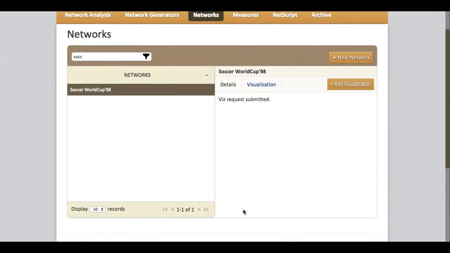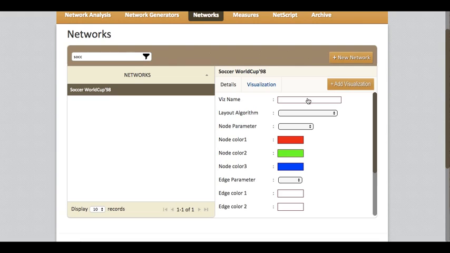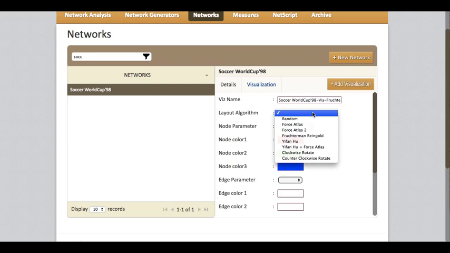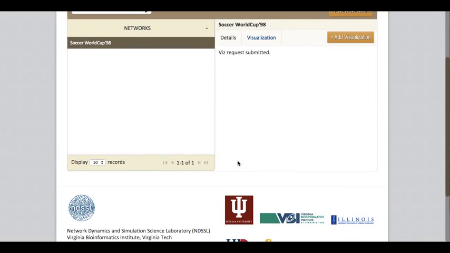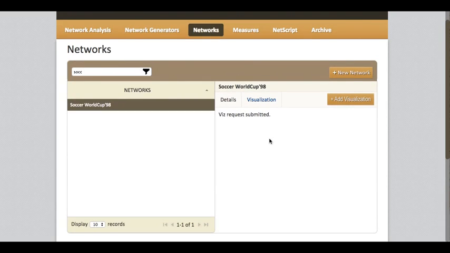I'm curious. And then another visualization, first turn on Fruchterman-Reingold, without any of these, just generate. And finally, Yifan Hu itself.